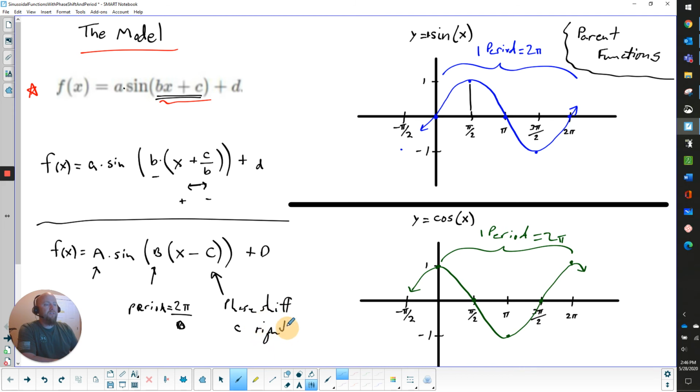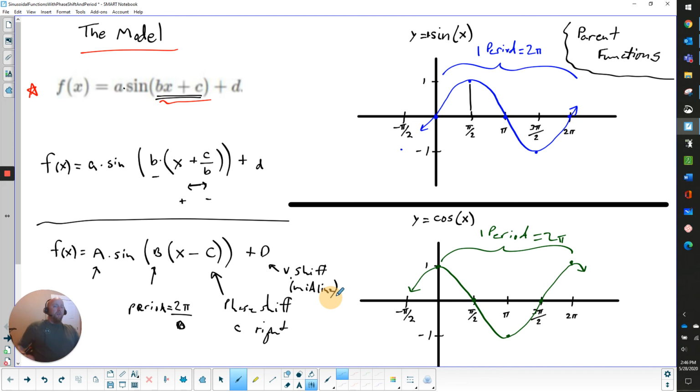So if C was 10, for example, X minus 10, you would say phase shift 10 right. Okay. All right. And then D is your midline or your vertical shift. I like to refer to that as the midline because these functions are so visually centered or balanced across that midline.